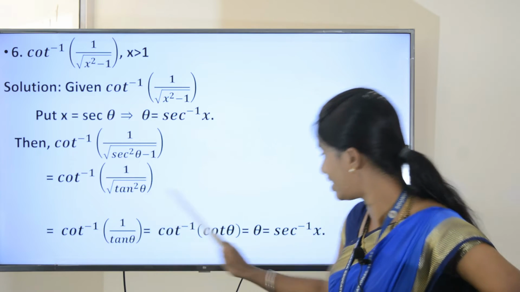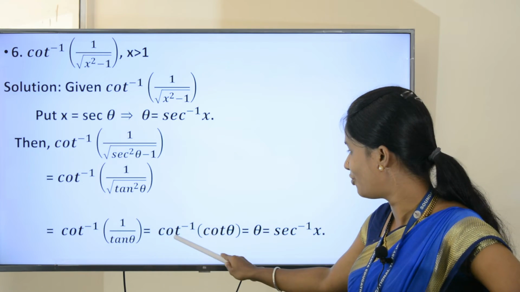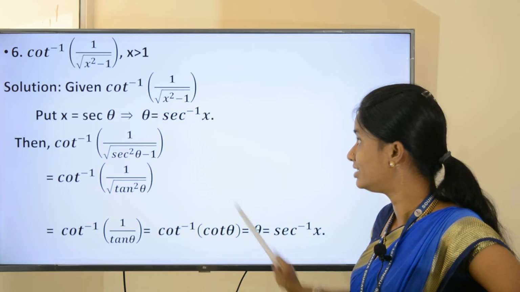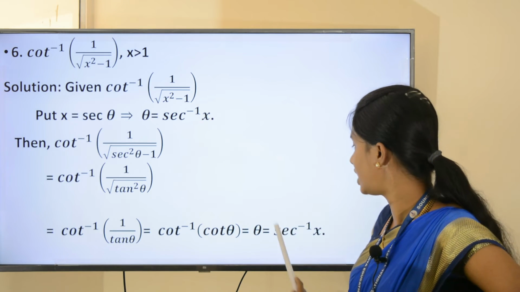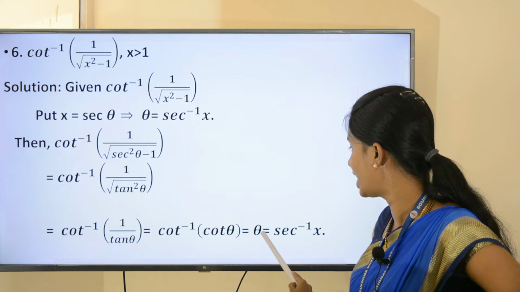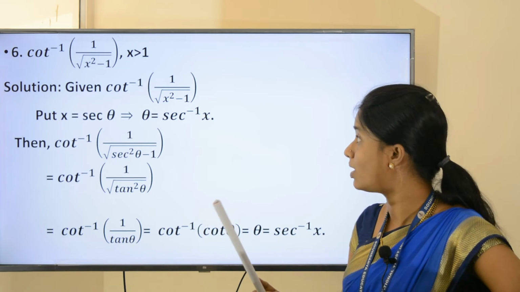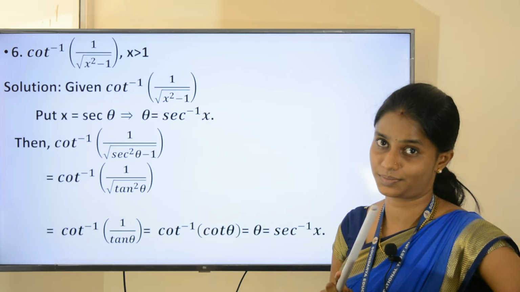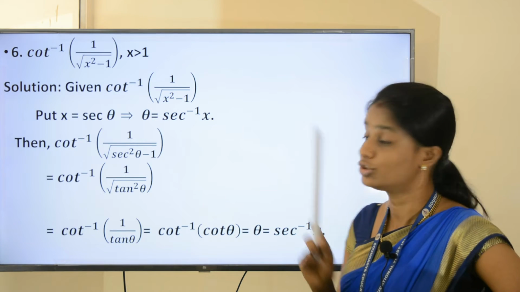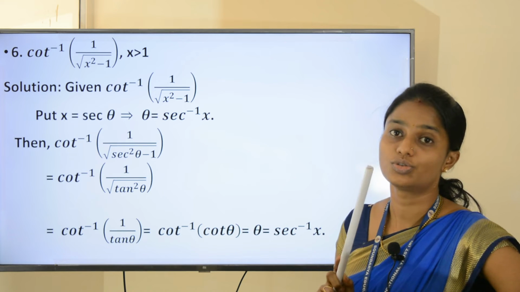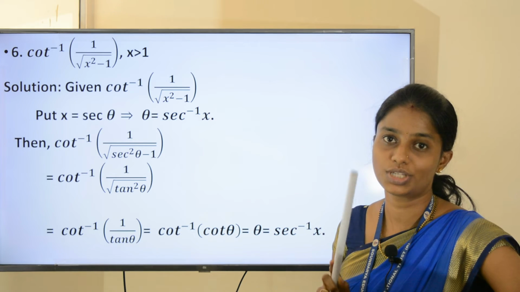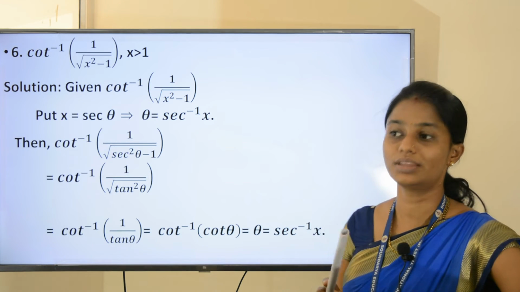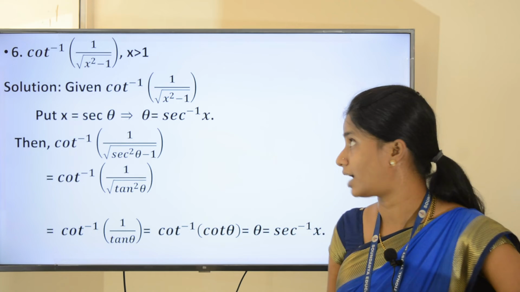Now we got cot inverse of cot theta is equal to theta. Please don't keep it as theta, because the question variable is x. The question is in terms of x, so the final answer also should be in terms of x only. So, theta can be replaced with secant inverse x.